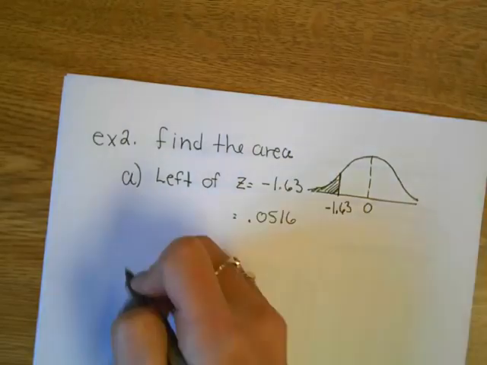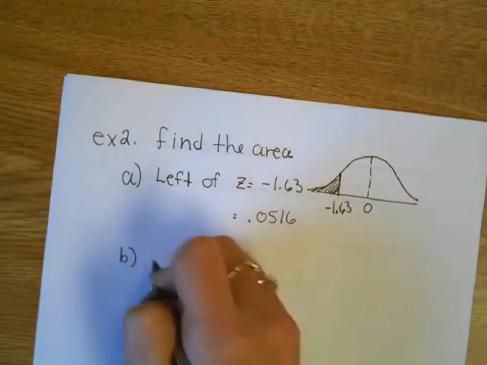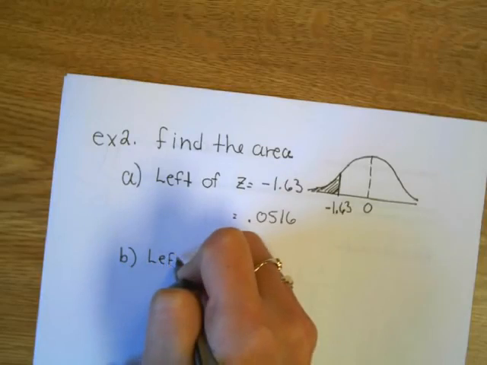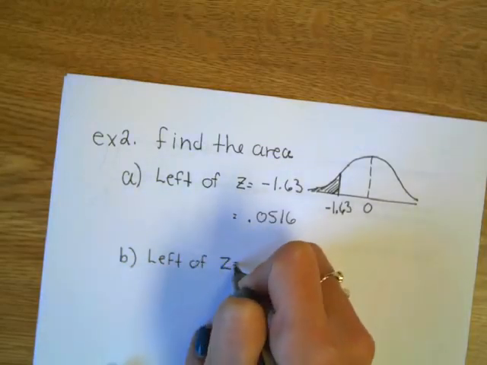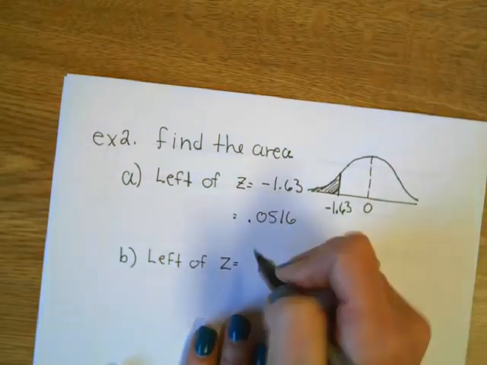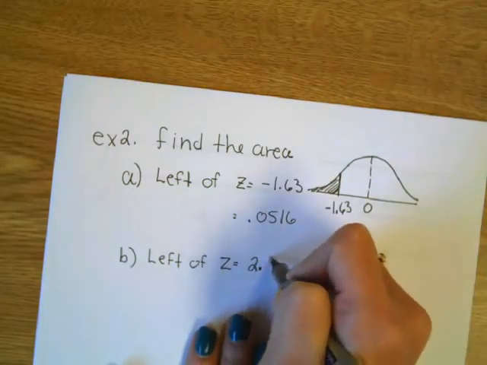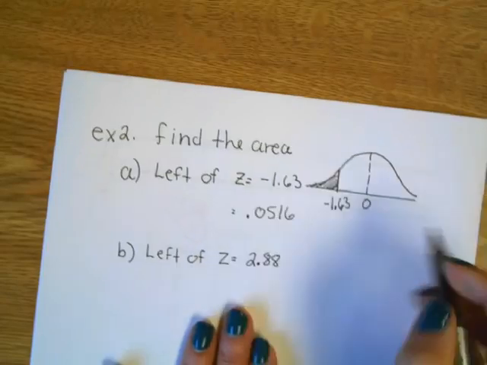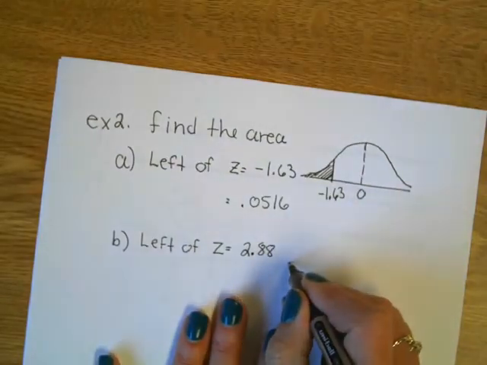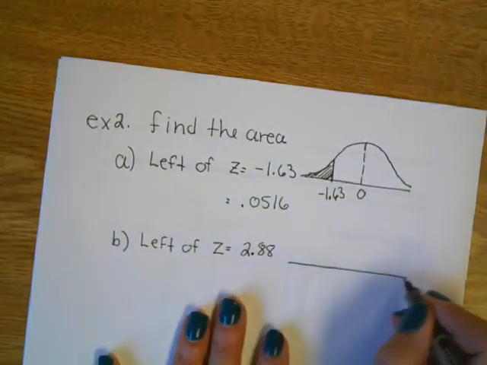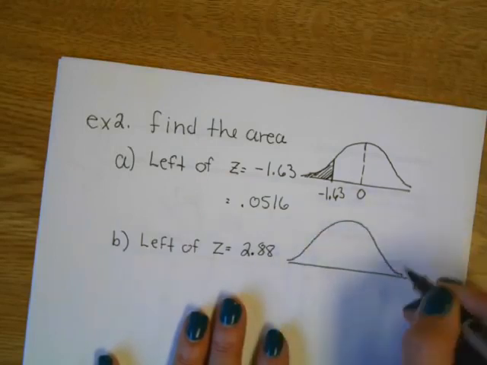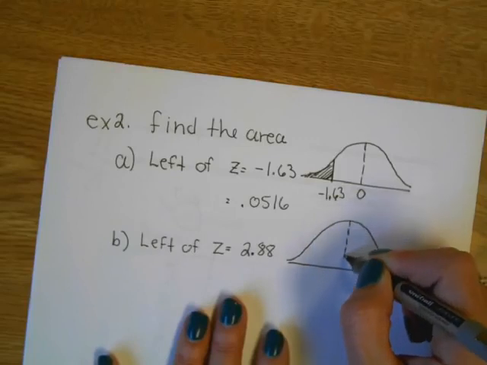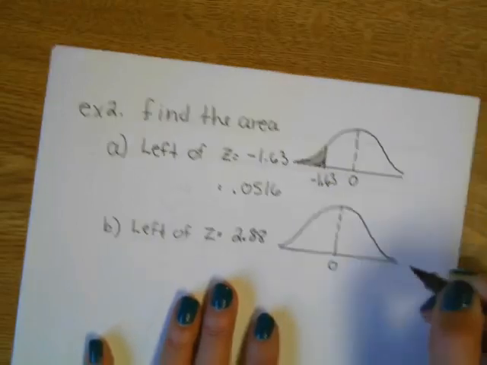Try one more to the left before I challenge you. To the left of z equals 2.88. Make me a sketch first. Should this number be a high area or a low area? Pretty high, he said. Where is 2.88 at?